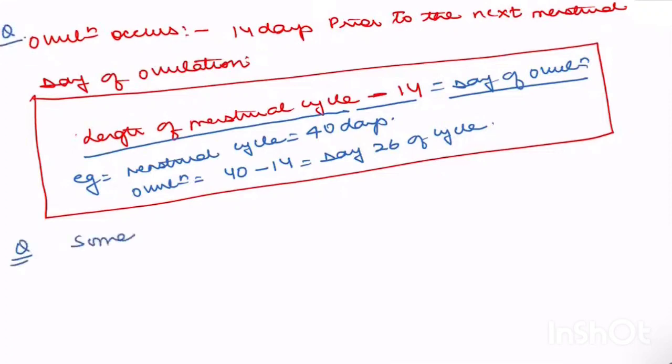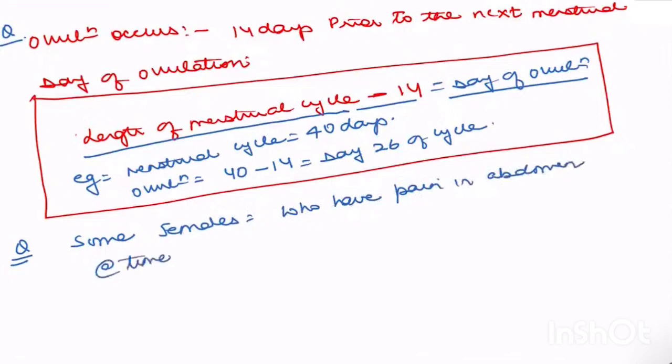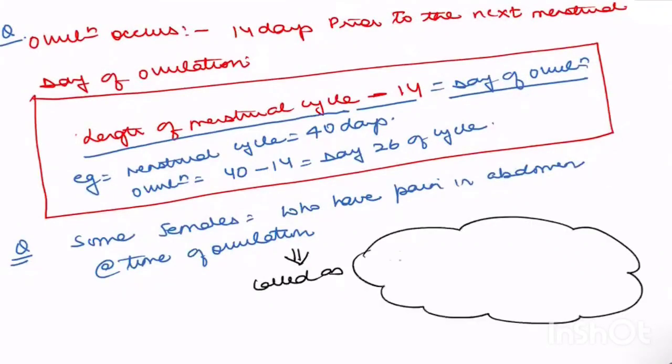There are some females who have pain in abdomen at the time of ovulation. This is called as Mittelschmerz syndrome.